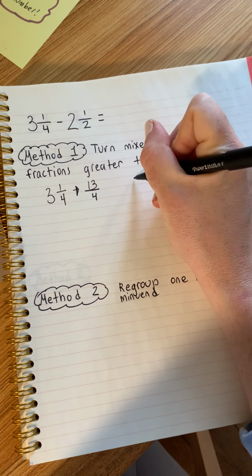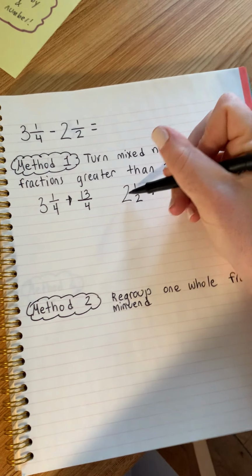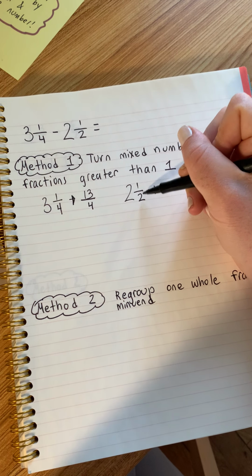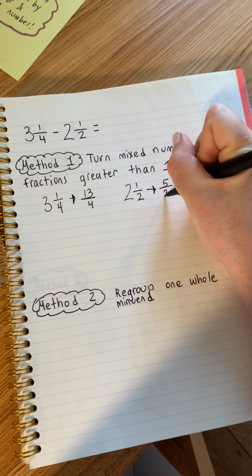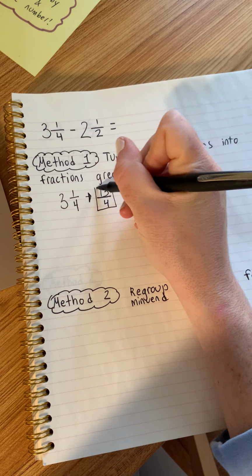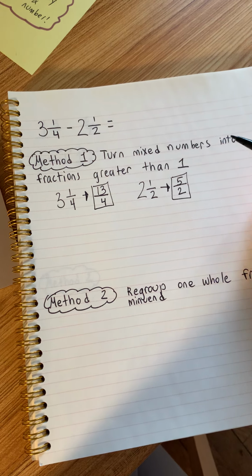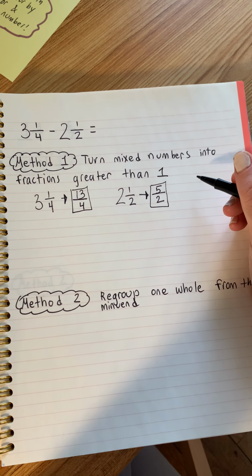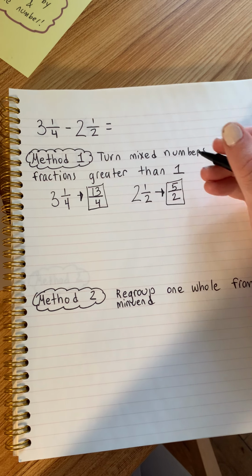Now I'm going to do the same with 2 1/2. 2 times 2 is 4, 4 plus 1 is 5, so 2 1/2 turns into 5/2. So now I have 13/4 and 5/2, and I can use the strategy I've been using of finding a common denominator to make equivalent fractions and then subtract.